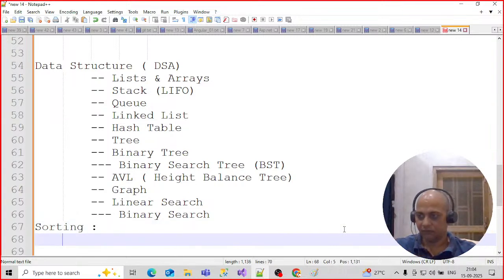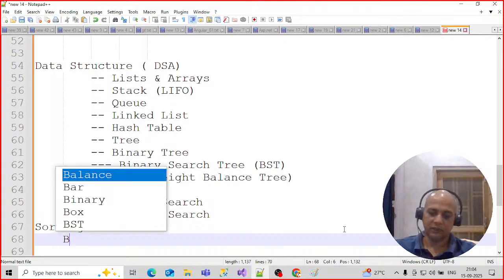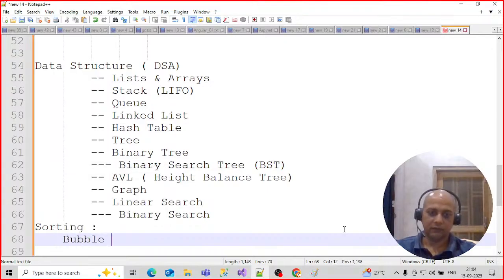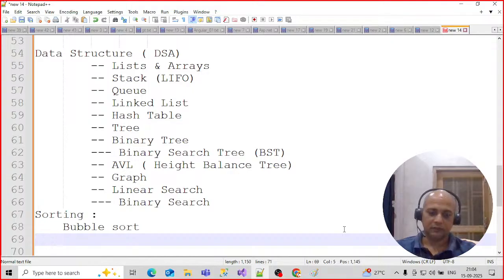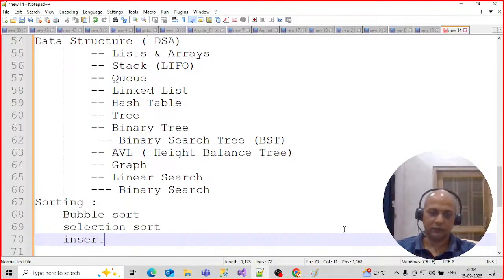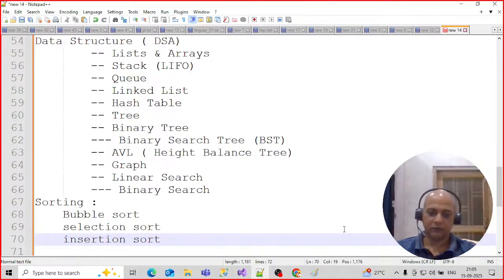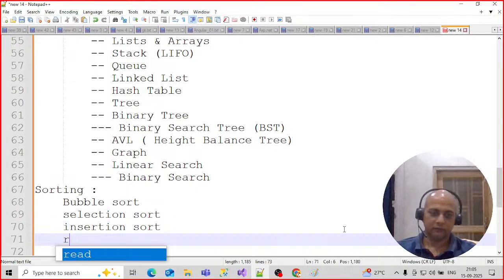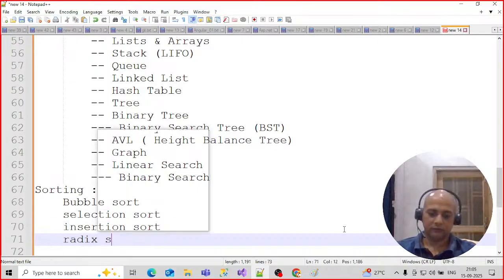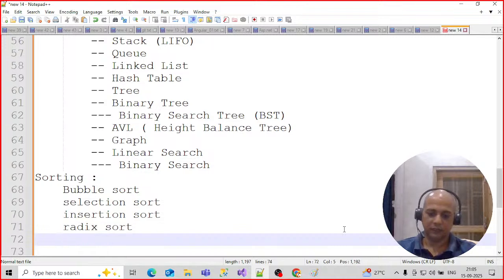You will be studying about bubble sort, selection sort, insertion sort, radix sort, merge sort, this way.